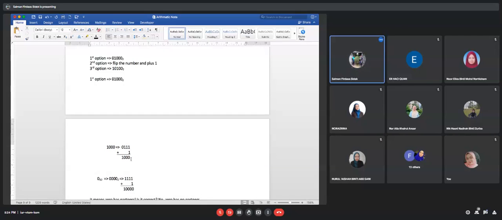Sorry, here the answer shows that 8 base 10 has no partners, because this one is positive 8, which is 01000. And this one is negative 8, negative 8 base 10.